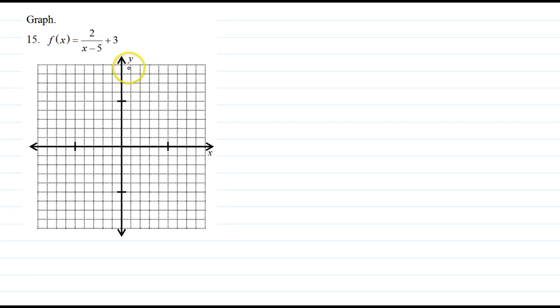Alright, for this one, our parent function is f of x equals 1 over x, which looks like this. And you could graph that on your graphing calculator. And so now we want to use transformations on this so that it looks like this.